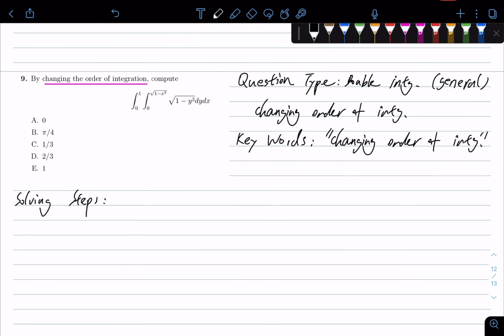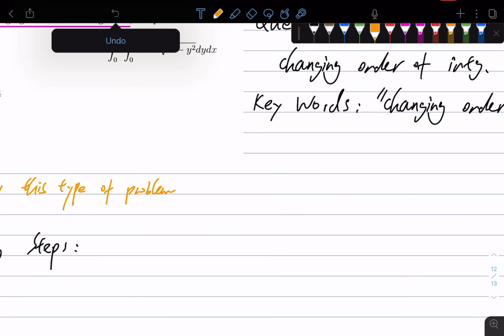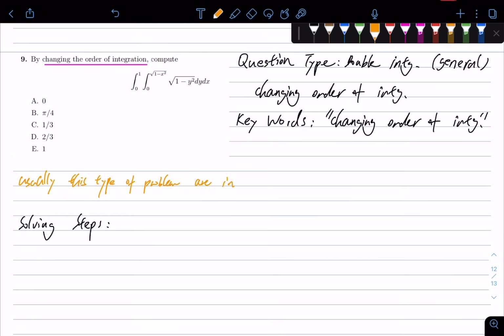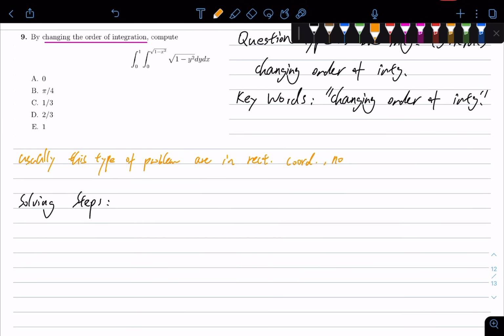So to solve this problem, before I go ahead and solve it, I'm going to mention that usually this type of problem is in rectangular coordinates, no coordinate system change required.